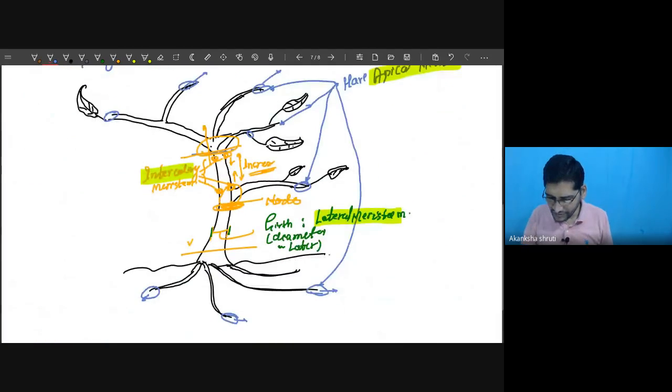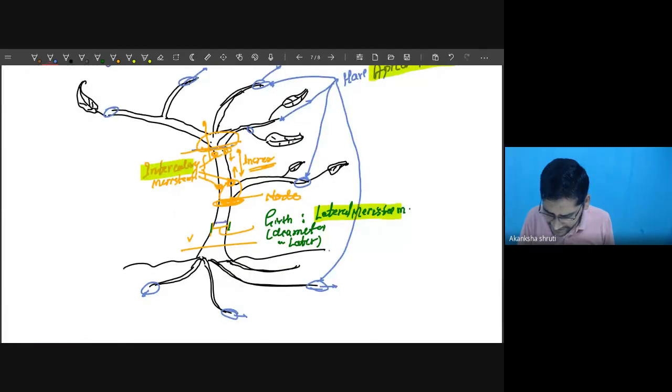So where are we observing lateral meristem? It is present everywhere, meaning in this region, just avoiding the node. After the node, once it gets matured, in that area, from here to here, it is your lateral meristem. In this area, it is your lateral meristem.